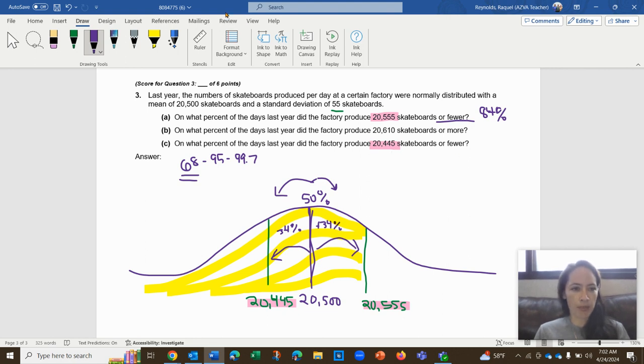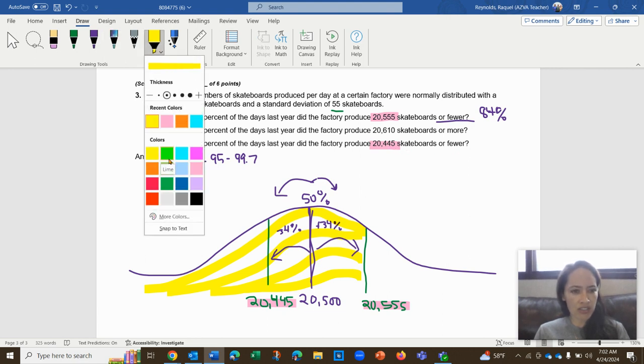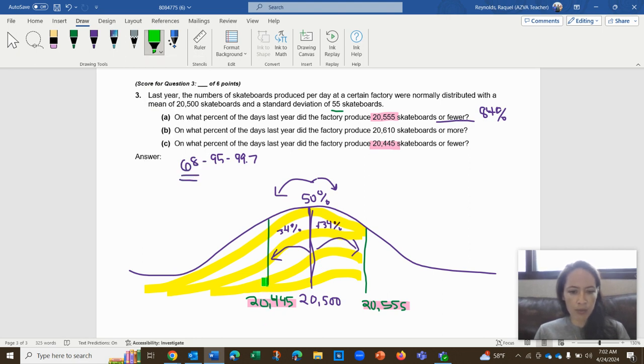Okay. Let's go down to the bottom one. Why not? On what percent of days last year did the factory produce 20,445 skateboards or fewer? Alrighty, that's okay. That's just this one. Let's do green. That's down here. So now we want the area to the left of that green line.